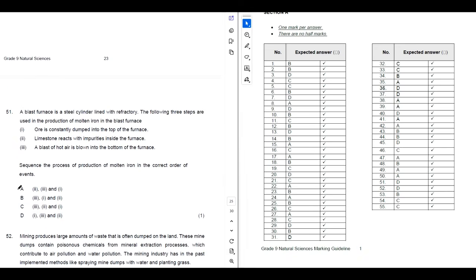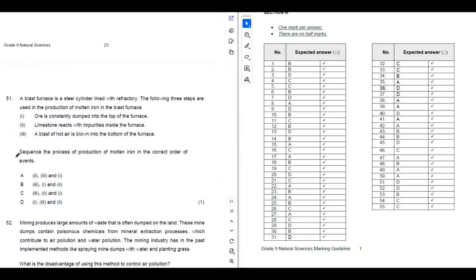Okay, and then next we will move to question 51, which says that a blast furnace is a steel cylinder lined with refractory, and the following three steps are used in the production of molten iron in the blast furnace. So now we are told to sequence the process of production of molten iron in the correct order of events.